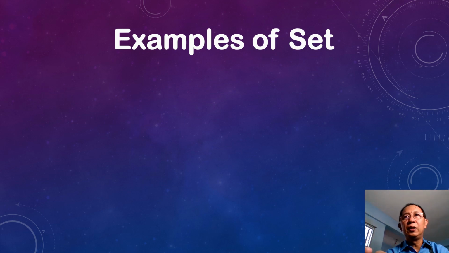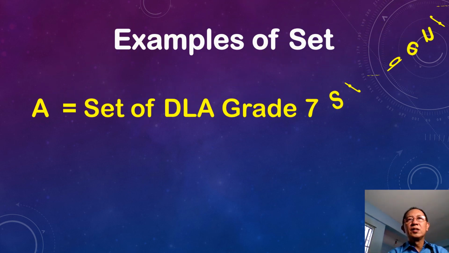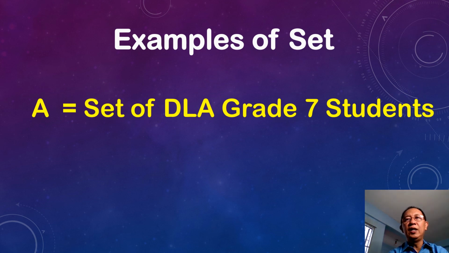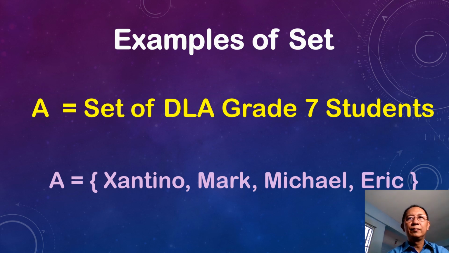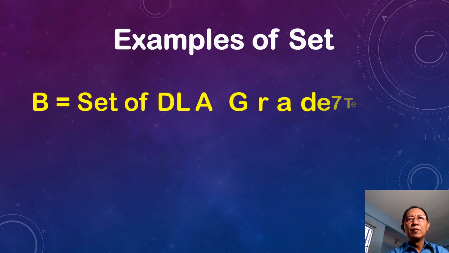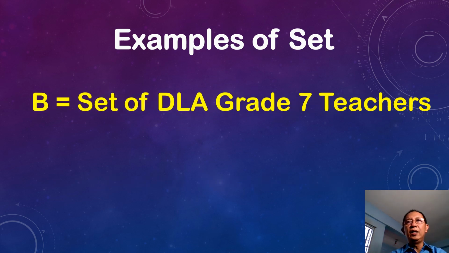These are examples of a set. Set A is a set of DLA grade 7 students. So these are the possible elements of set A. Second example, set B is a set of DLA grade 7 teachers.